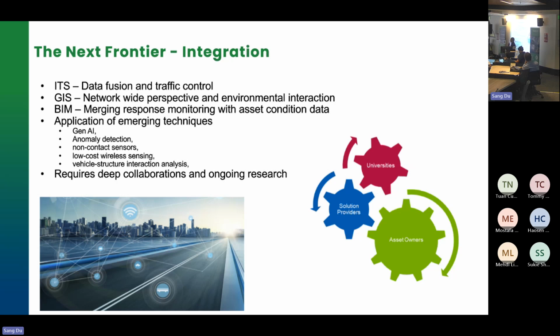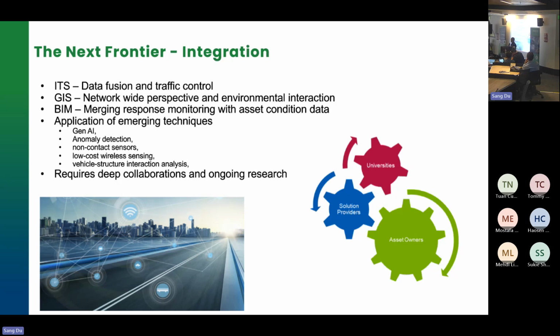There's a massive untapped amount of information out there, just through the ITS network, and how we integrate those data, fuse those data, and use the information that we get from bridge monitoring in actual traffic control. The second one, I think, is integration with GIS, and there's another opportunity there.